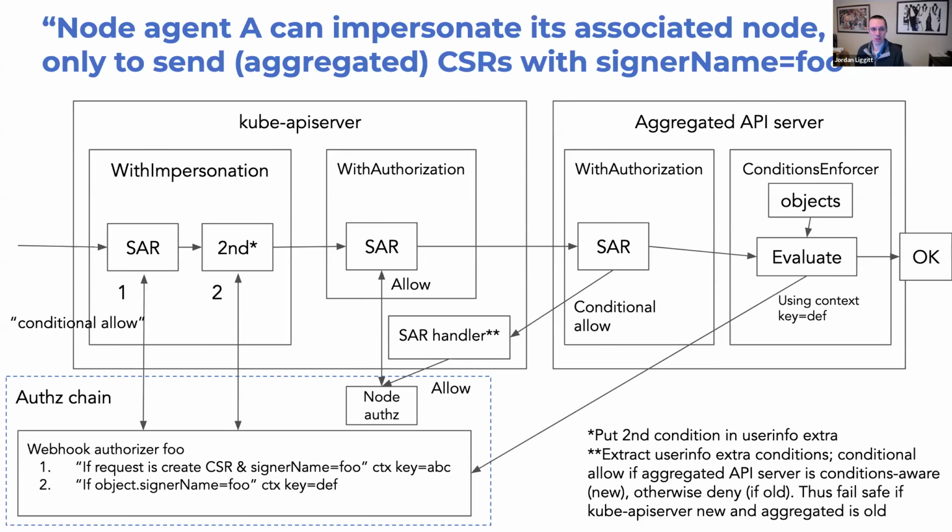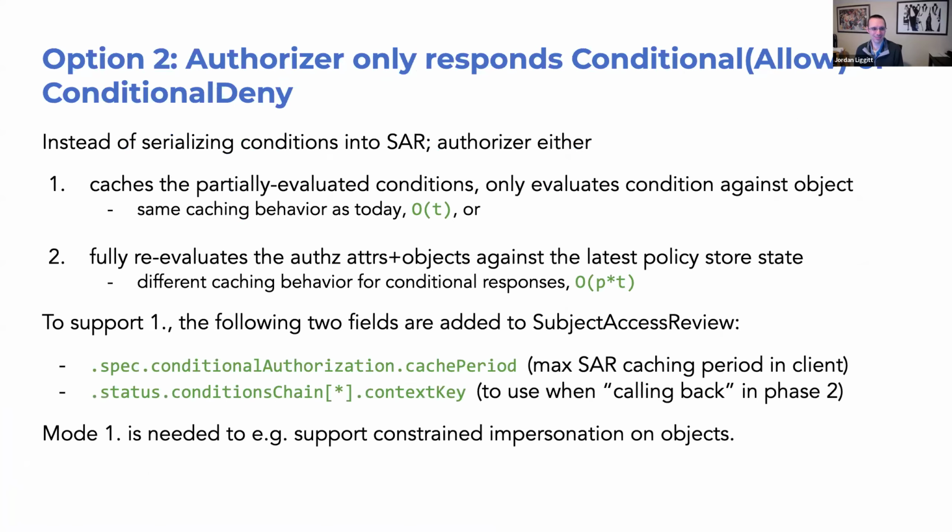But as soon as you put it into user extra and it starts going into headers to backends, people are gonna write some nutty conditions, I bet, and it's gonna get big and break headers. But in this case, if we do option two, then you actually don't need to put the whole list of conditions in the user extra. You just put a context key.